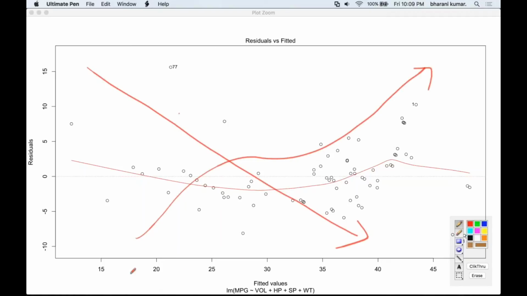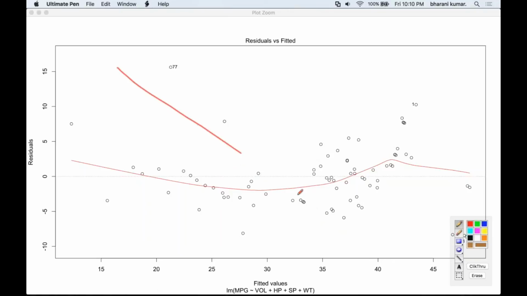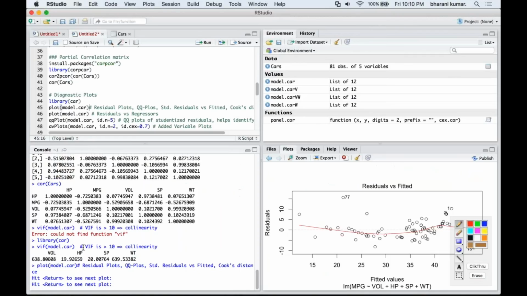in this way, or if it would have been like that, that means we know for a fact that as your fitted values or predicted values increase, your errors are increasing. If it was in this way, as your fitted or predicted values increase, your errors are reducing. So this is fine.